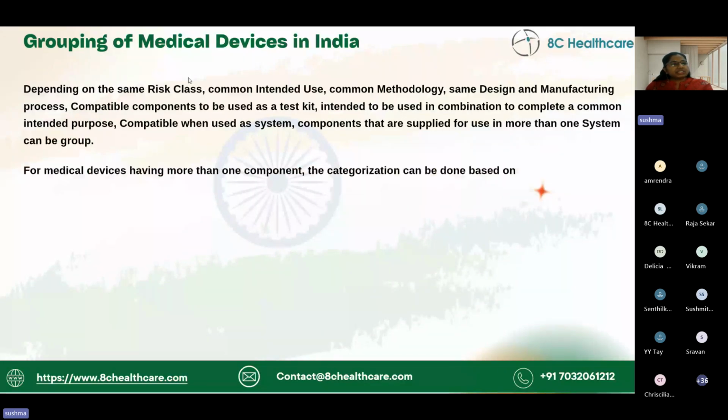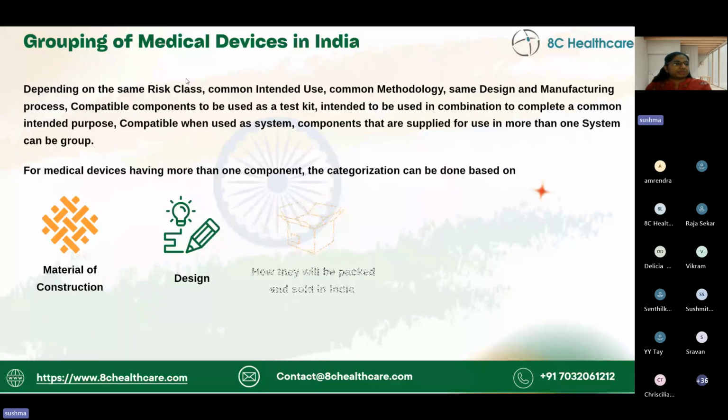If you have a device which has more than one component, then the grouping of the medical devices will be done based on five factors. Here we have put the factors for your easy understanding. The first one is the material of construction of the component.